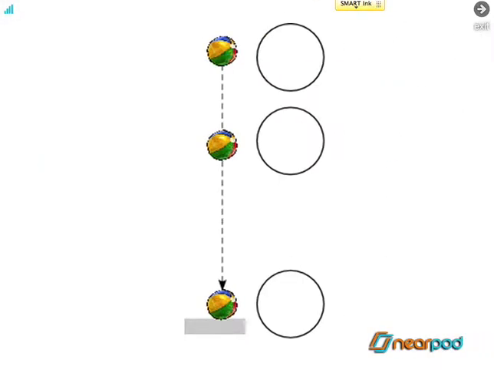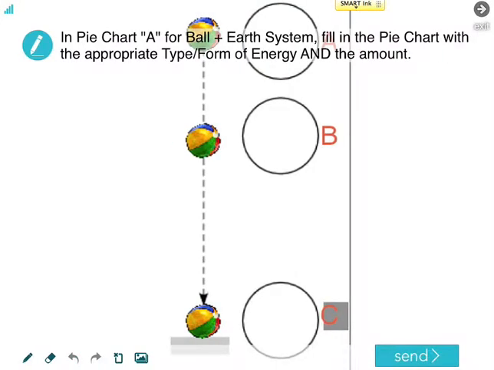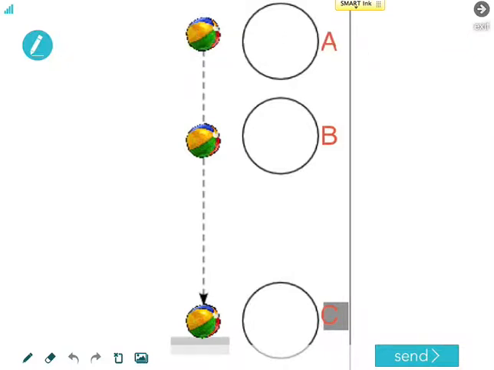Alright, now there are a few different ways that we can show this in a pie chart, and I will go ahead and show you two of those ways. So for pie chart A, when the ball is being held at the very top of the drop, it has 100% potential energy.